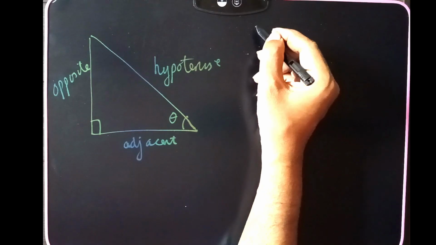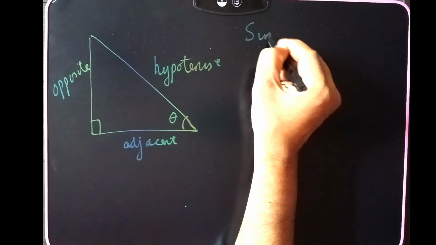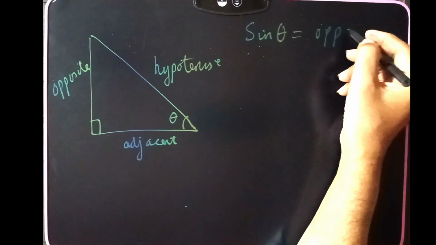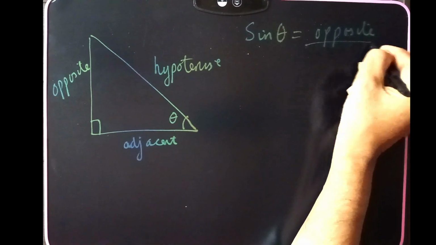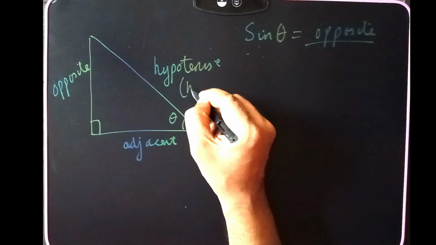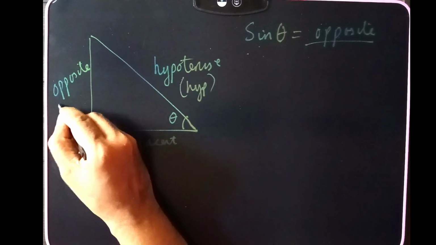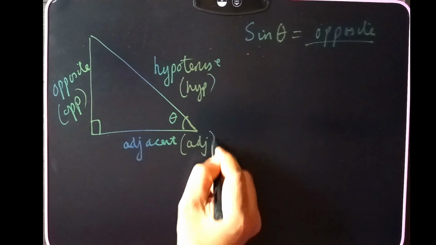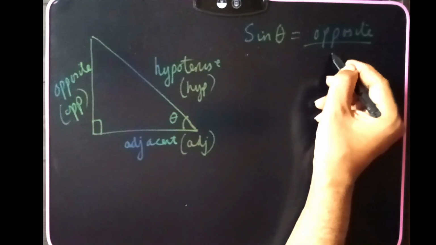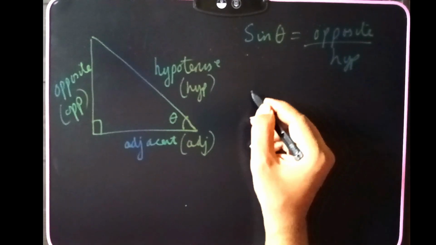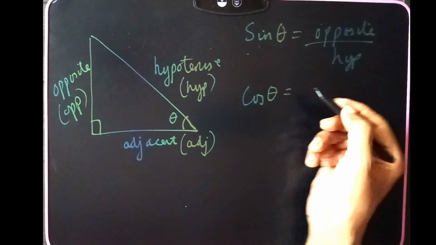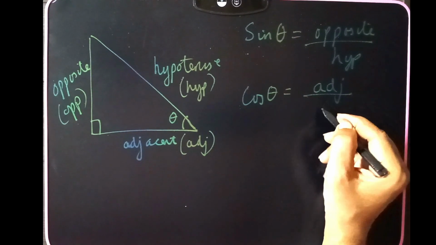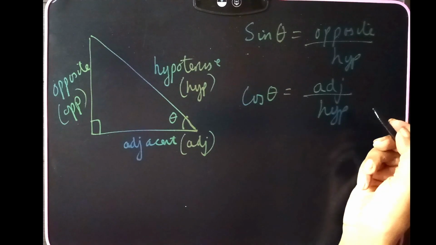So now we have some important ratios. Sine theta is opposite divided by hypotenuse. I will call this HYP, this OPP, and this ADJ. So sine theta is opposite divided by hypotenuse, and cos theta is equal to adjacent divided by hypotenuse.